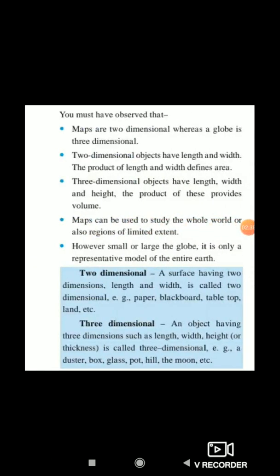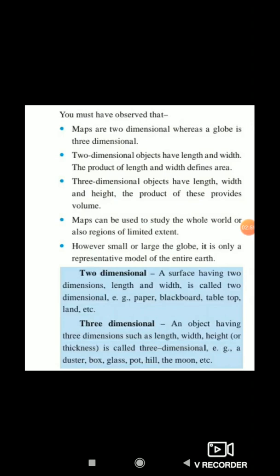Next is, maps can be used to study the whole world or the regions of limited extent. With the help of map we can study the whole world also, or any particular region also we can study.